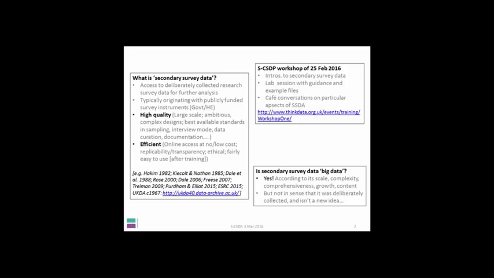And also big data, of course, is generally associated with new innovations and developments in data resources. And of course secondary survey data is lots of things, but it's not new. We've had it and been aware of its properties for quite some time. So depending on your framework, the answer is yes or no on whether or not secondary survey data should be thought of as big data.